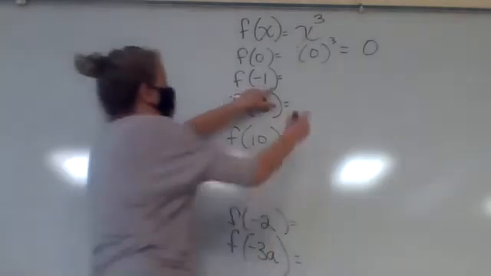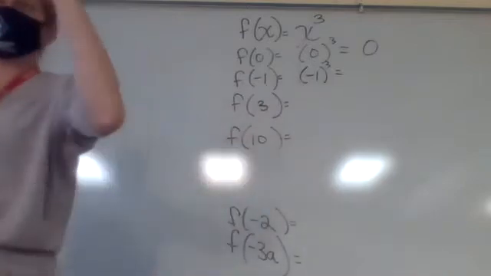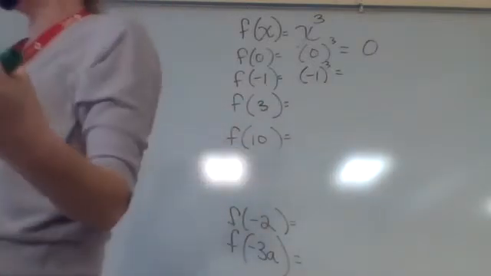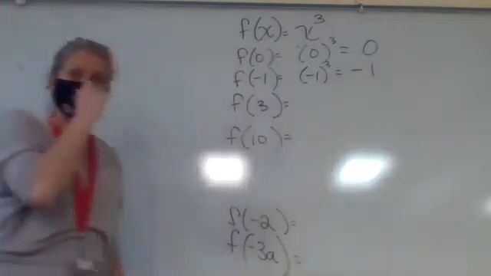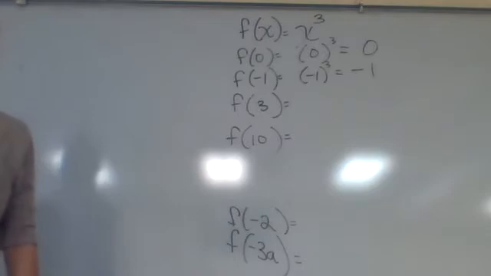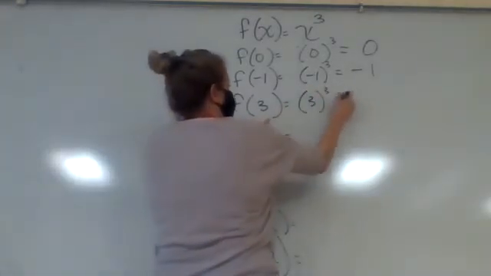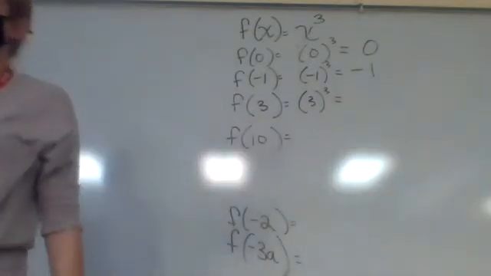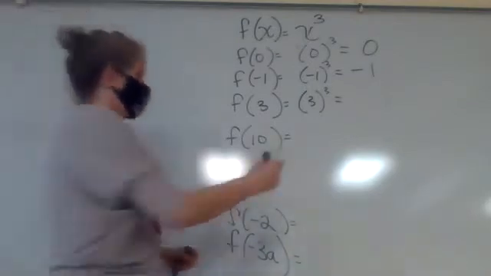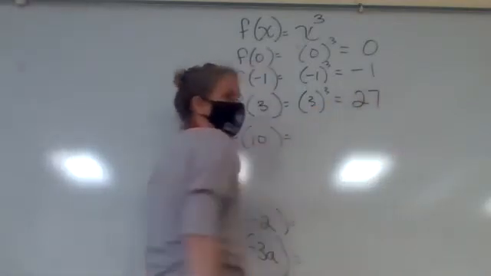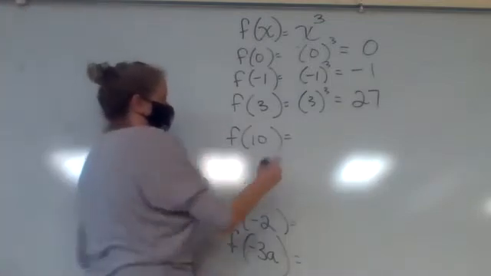So I replace it with -1. I'll have -1 to the 3rd power, which means -1 times -1 times -1, again, happens to be -1. 3 to the 3rd, which means 3 times 3 times 3, which gives you 27. 10 to the 3rd.